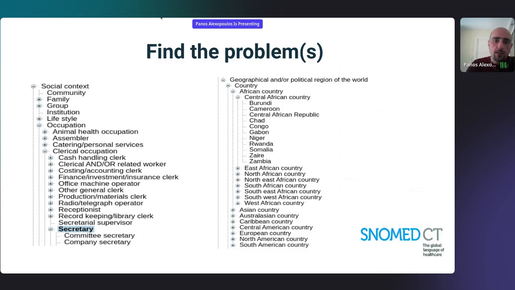I'll give you one minute to tell me if you see any problem with respect to the subclass relation in these models. Please write it in chat if you have any idea what's happening.